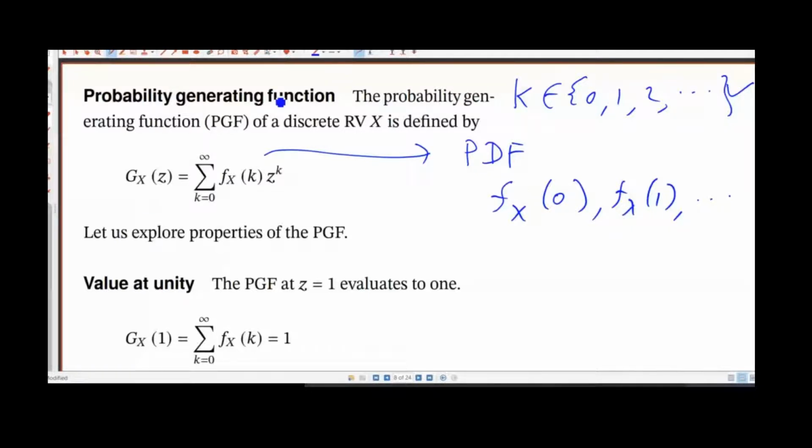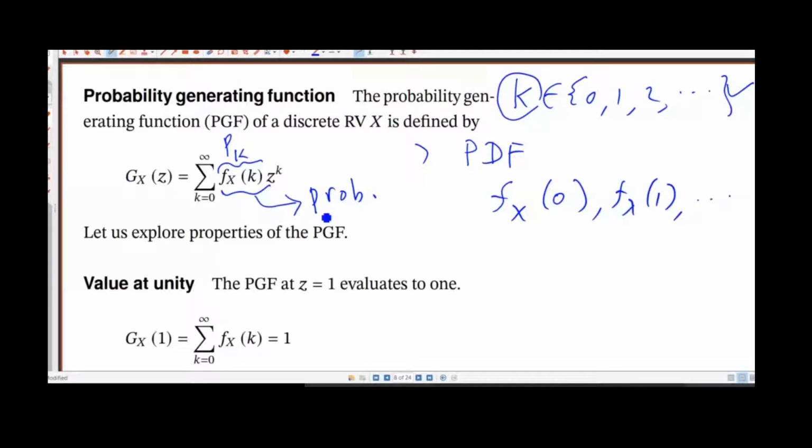Why is it called not just any generating function but the probability generating function? Because the coefficients directly give me the probabilities associated with values of k. So I can think of this as p_k.